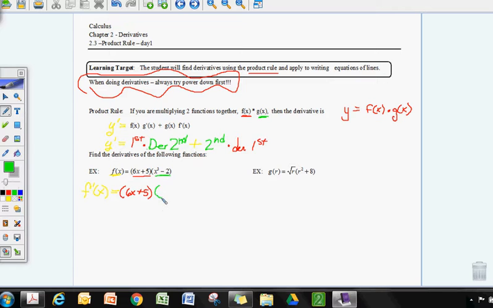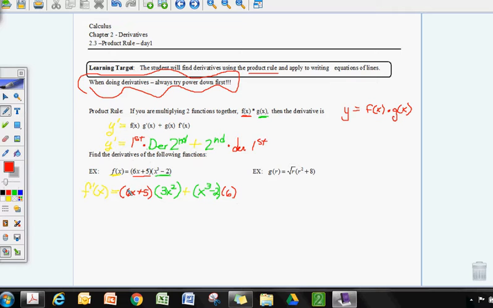So now you use your little power down, and you see that that's 3x squared, and then it would be minus 0. So I am not going to write that minus 0. Add it on to the second term, which is just x to the third minus 2, times the derivative of the first, which is just 6.